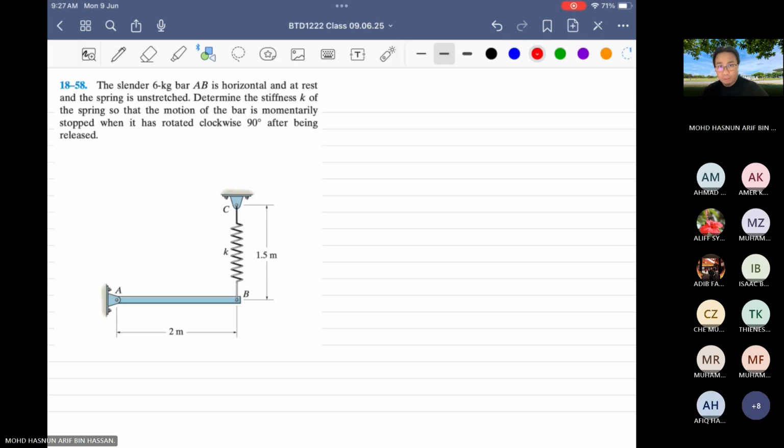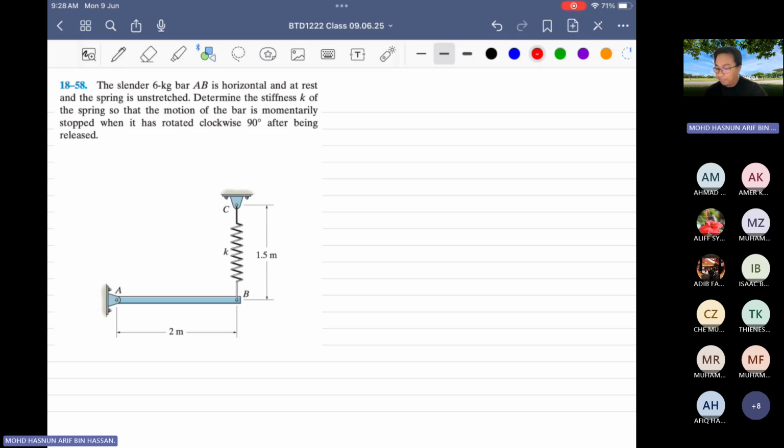Okay, let's focus on the last example here. Again, we still have a slender, it says here slender bar. So slender bar, slender rod, it's the same thing. Okay, slender bar AB is horizontal and at rest, and the spring is unstretched.